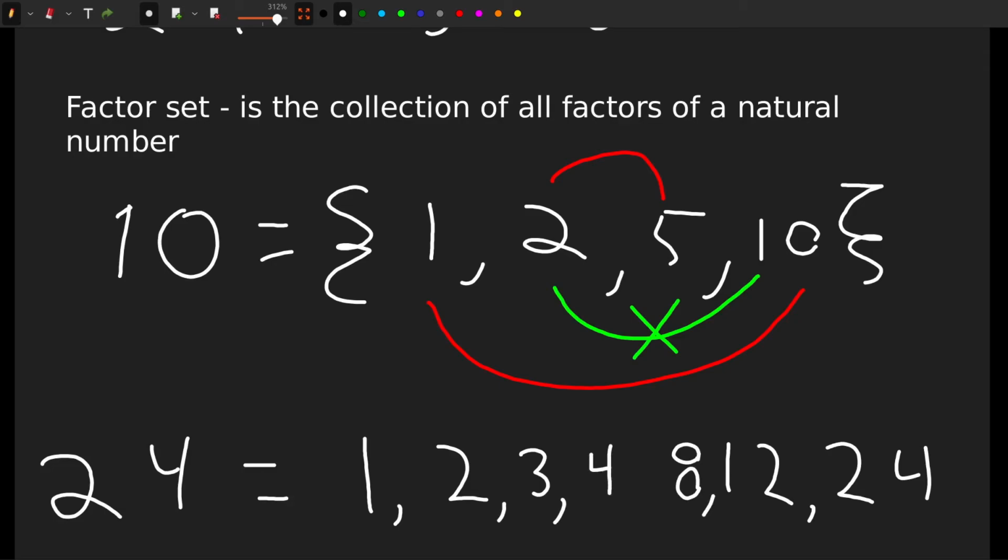And then there's 4 and 6. And I squeezed it in there. I almost ran out of room. I'll add in the curly brackets just to make sure. Okay. And so the factor set of 24 in this case is 1, 2, 3, 4, 6, 8, 12, and 24. Okay.